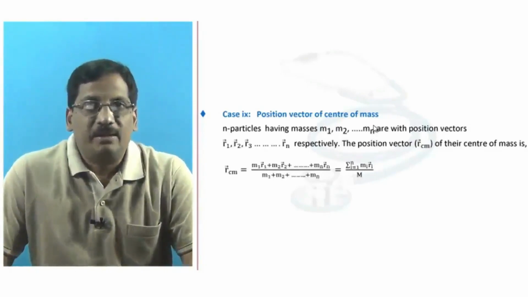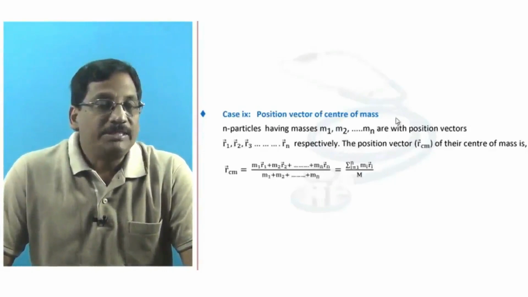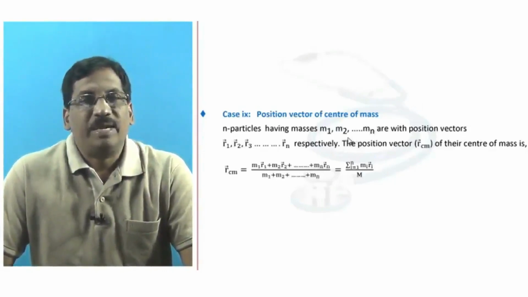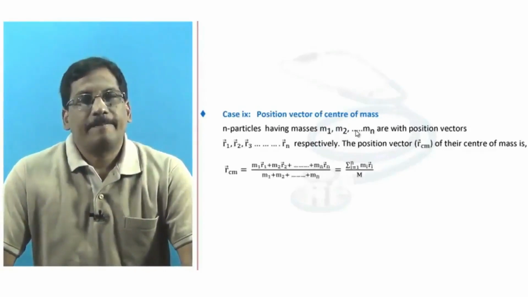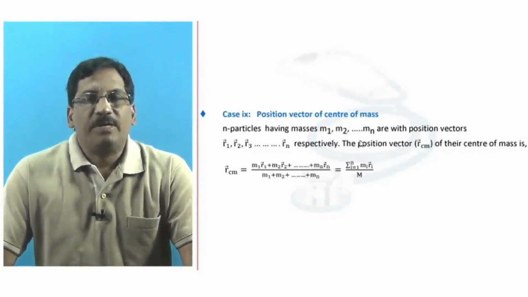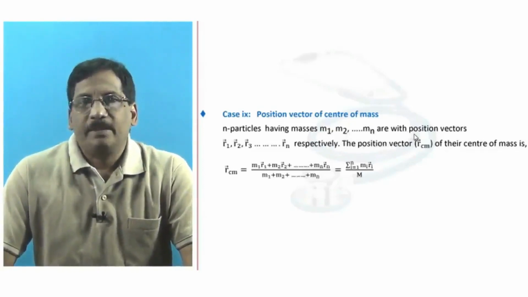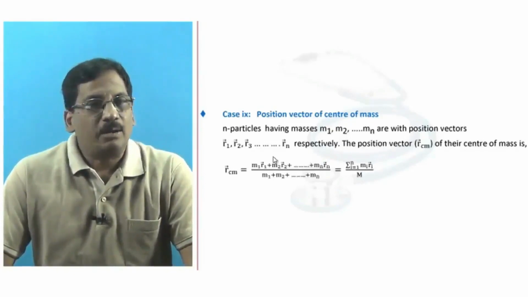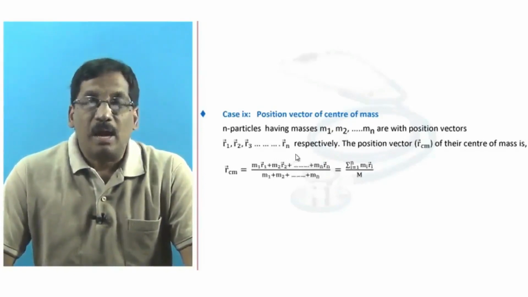Suppose for n particles, masses m1, m2, m3, and so on, mn are located with the position vectors r1 bar, r2 bar, and so on, rn bar respectively.